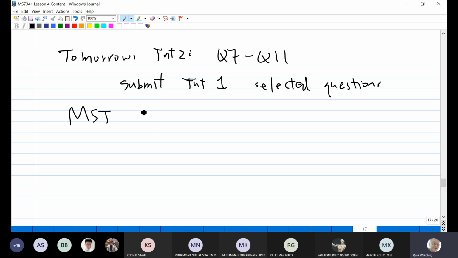The MST is 15%. It covers revision, tutorial, and the last few chapters of revision topic on Spherical.